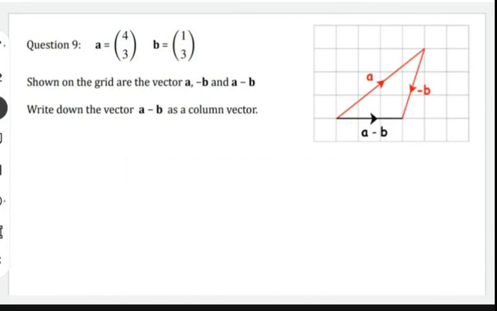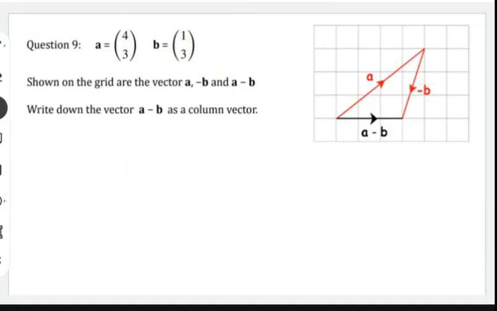And then for B, do you get why it says 1, 3? Wait, on the graph it says minus. It does say minus B. So what do you think?